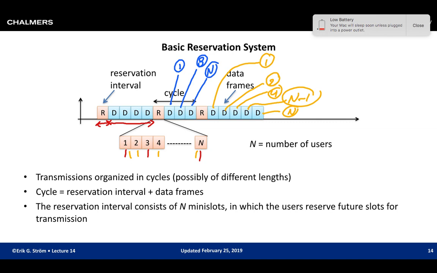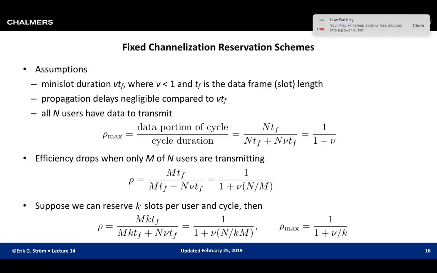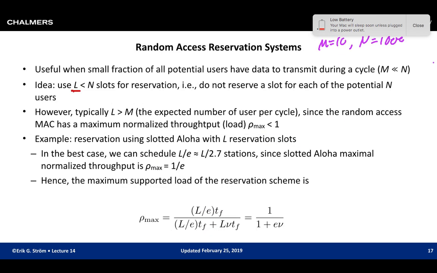But that's okay, because not everyone will make a reservation. So the idea is that we use L slots, which is less than N, for reservation. And L must be larger than M, however, because M is the expected number of users that will ask for a data slot. So L must be larger than M. As a matter of fact, it might be substantially larger than M.